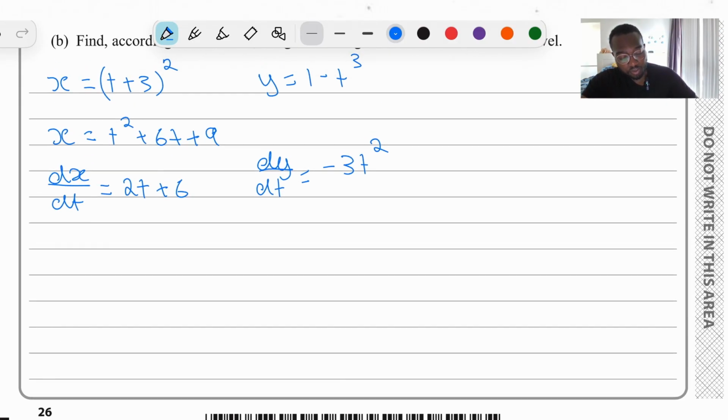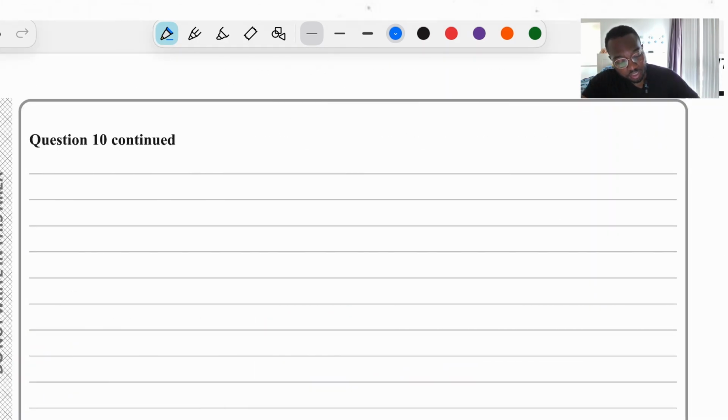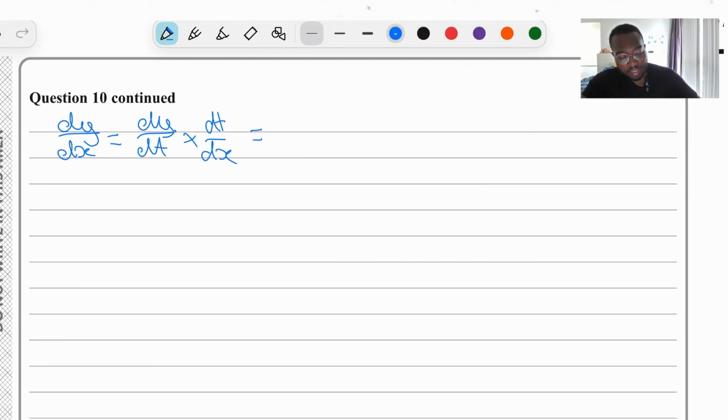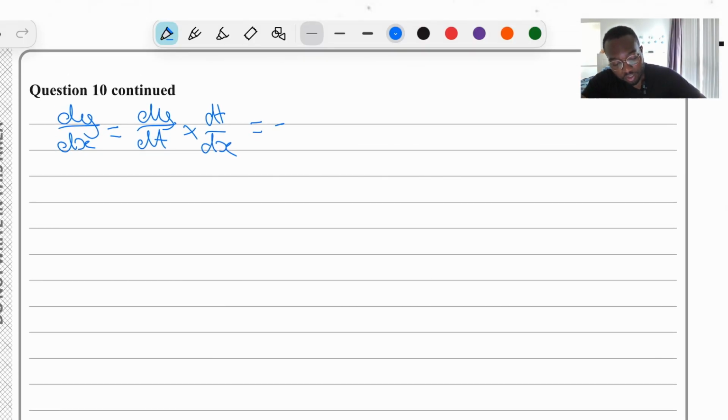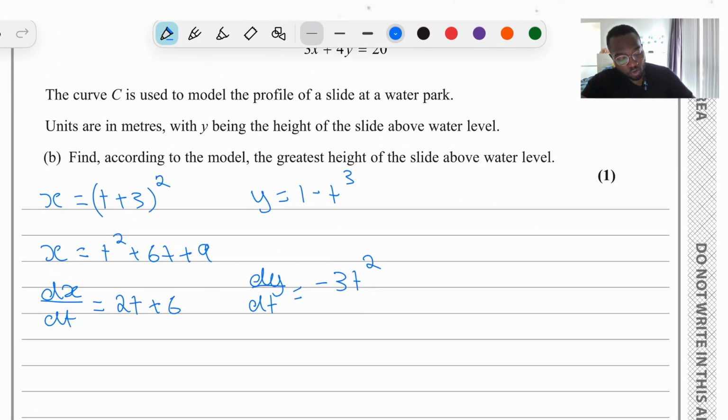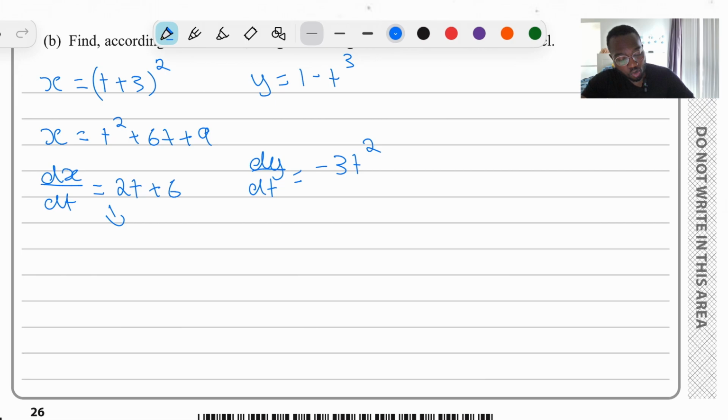Now, if I do this on the next page, what do we know about dy over dx? Well, dy over dx is the same as dy over dt times dt over dx. In our case, dy over dt was minus 3t squared, times, since dx over dt is 2t + 6, dt over dx is 1 over 2t + 6.